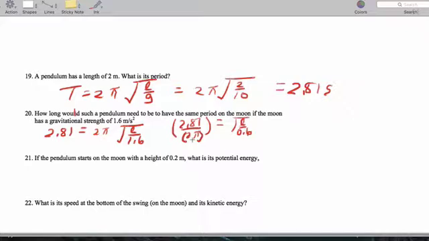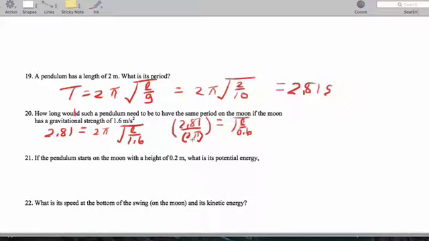So it's going to be 2.81 divided by pi. And that gives me 0.8944. And then I'm going to divide it by 2 again.